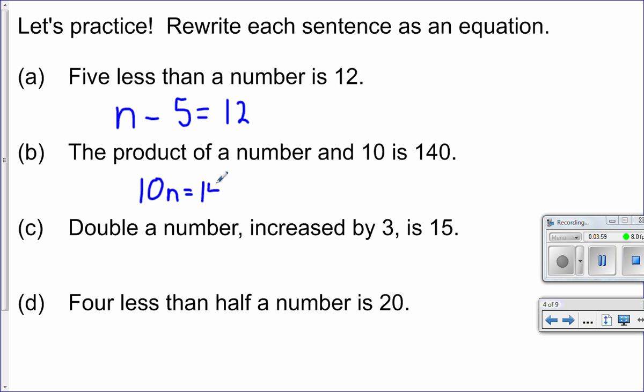You'll notice I wrote 10n. Of course, that means 10 times n. I'm not using the times symbol because I don't want people to confuse the multiplication symbol with the letter x. So 10n equals 140. So put the video on pause and try out these two problems, which we will take up in class tomorrow.